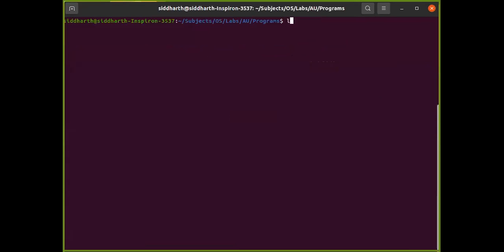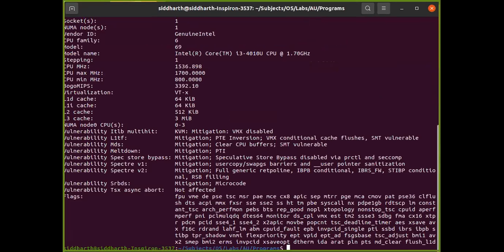One is lscpu. If you want to get information regarding your processor that you have in your system, lscpu will give you that information. Here you can see that model name is Intel. My processor is Intel processor, and vendor ID says that it is genuine Intel.